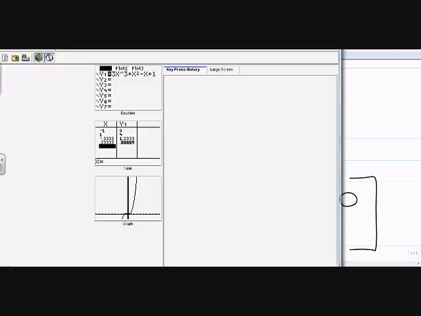Got my calculator coming up here rather slowly. We're going to put that x cubed plus x squared minus 3x minus 3 in the y equals screen, and that isn't what I have in the y equals screen, so give me a minute for my calculator to come up.